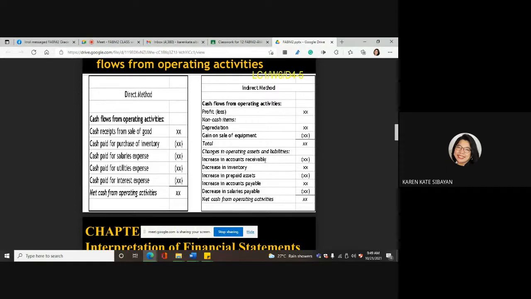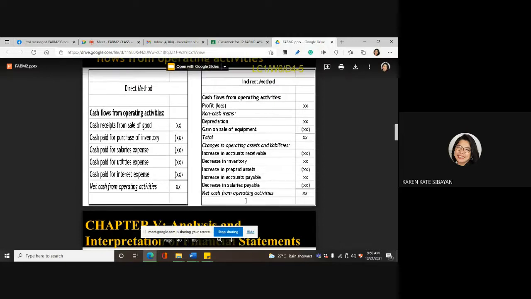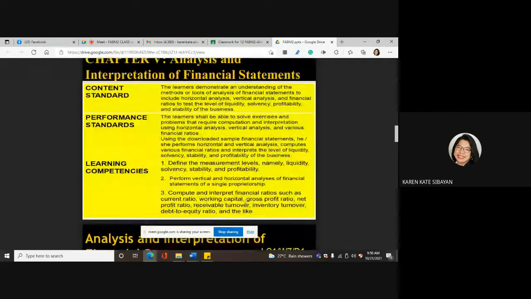Increase in accounts receivable. Lagay mo. Decrease in inventory. That's why important na alam nyo kung increase or decrease ba yung effect. Okay? Lagay nyo din. Increase in prepaid assets. Increase in accounts payable. Decrease in salaries payable. Net cash from operating activities. Okay?